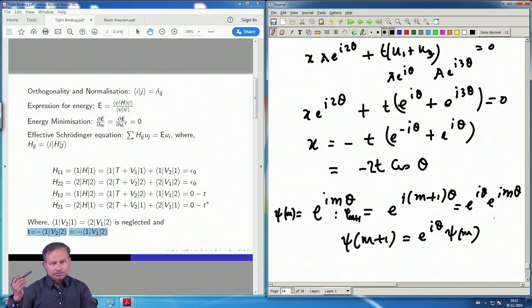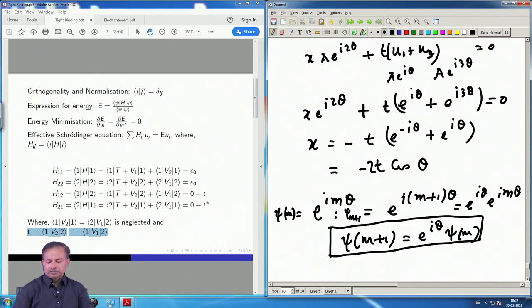This theta, I will show you later, is the same as we got earlier, k dot a. This is consistent with Bloch's theorem.